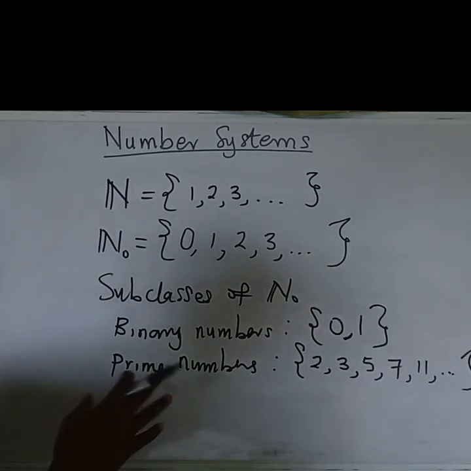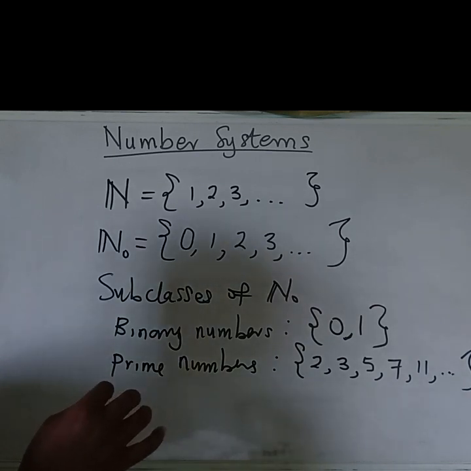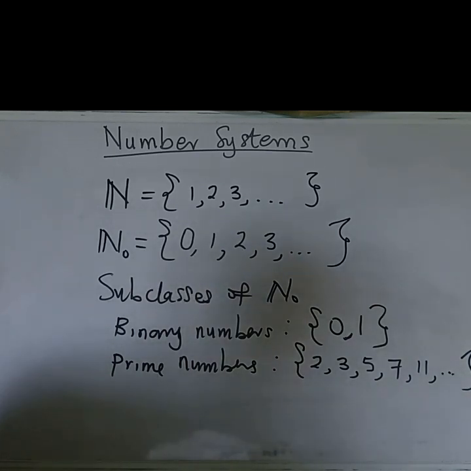And before now, the definition of a prime number is that a prime number is always positive, and it is only divisible by one and itself. Any number that is positive and is divisible by one and itself is called a prime number.